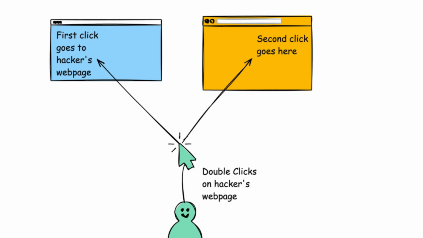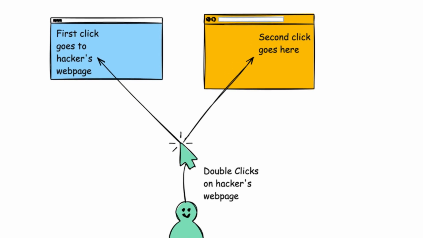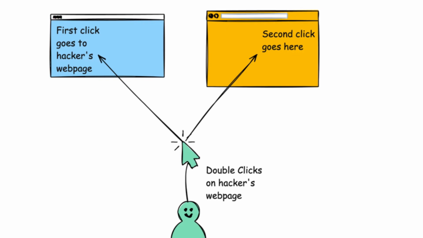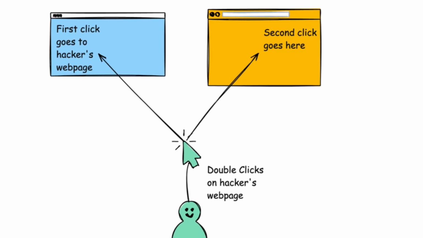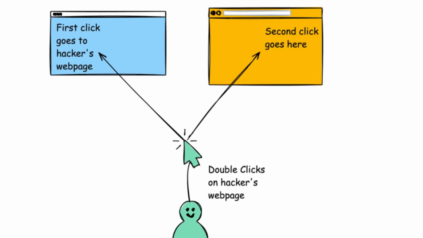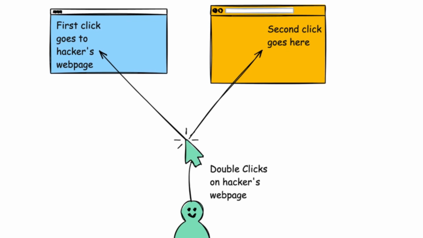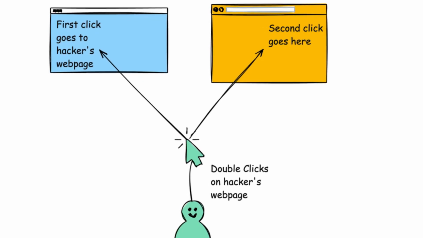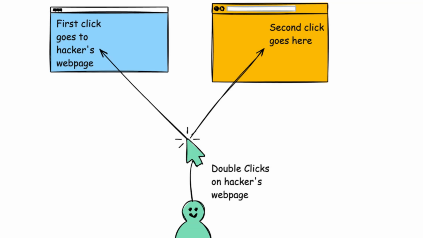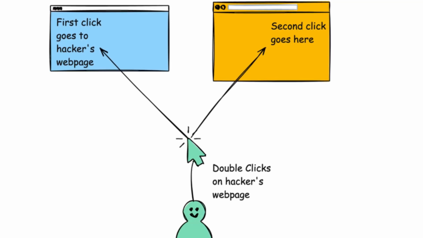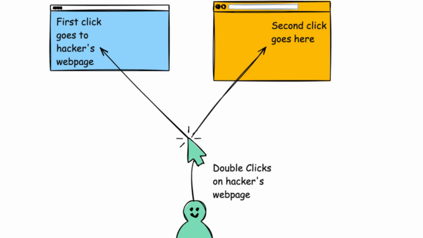The page redirects to the second target page, and the user doesn't have enough time to perceive what is happening on the screen. The second click lands on the target website, and the target website can have some crucial functionality or some crucial button or action that gets triggered.